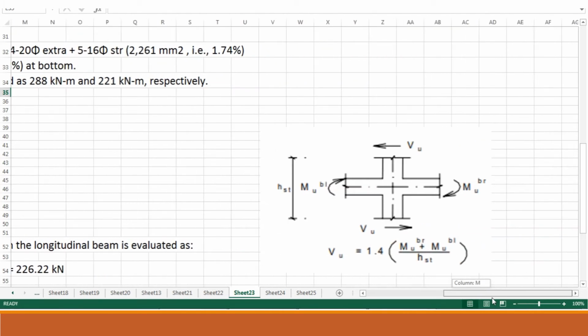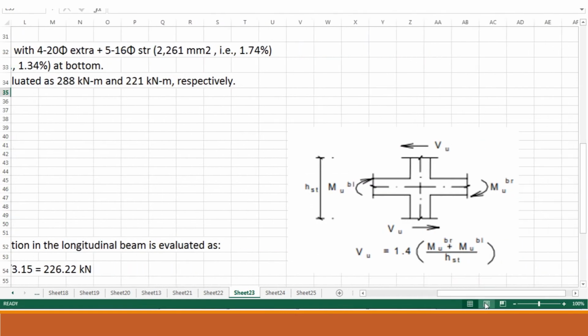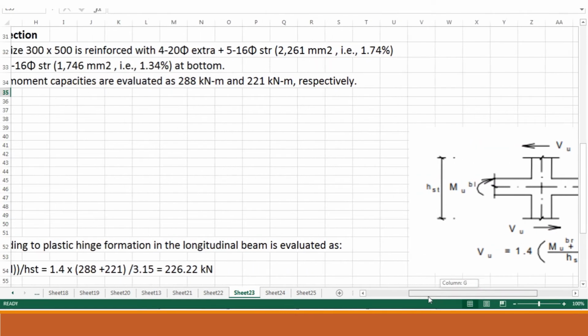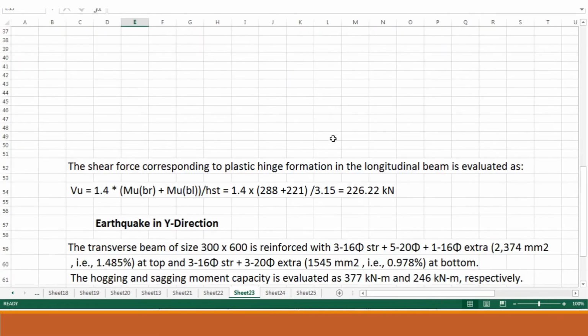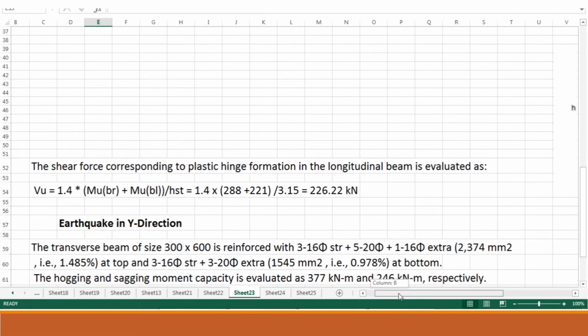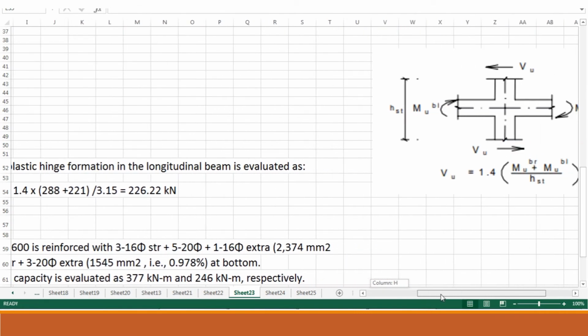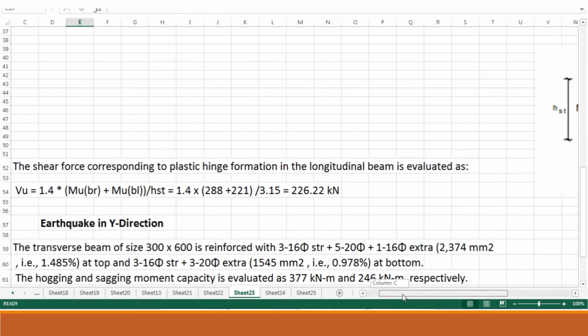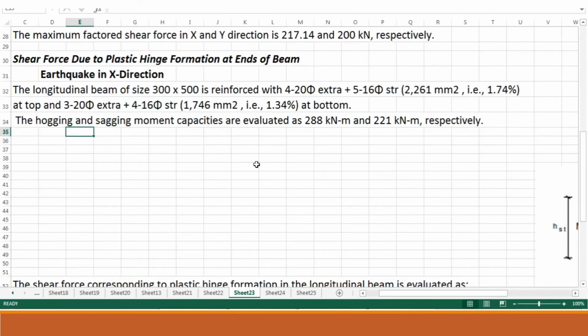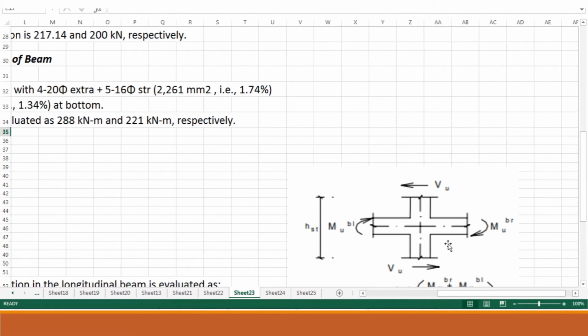Now what we know is that once we have the moment capacities for the beam known to us, the shear force corresponding to plastic hinge formation in the longitudinal beam would be VU is 1.4 (MUBR plus MUBL) by HST. That is 1.4 into, now we know that the hogging and the sagging capacities of the beam are 288 and 221.